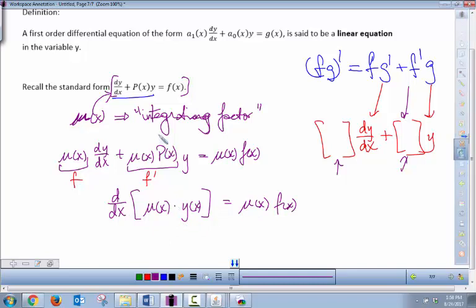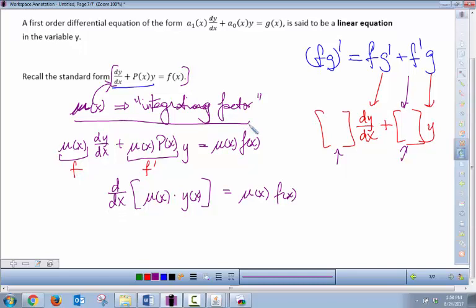So now the question is, what is this? Whatever that is, there's a relationship up here that the derivative of mu should equal mu times p of x.